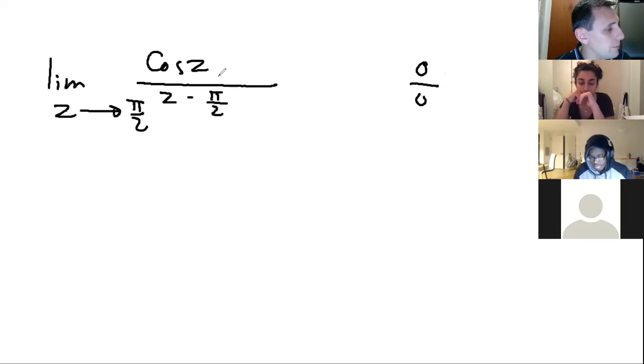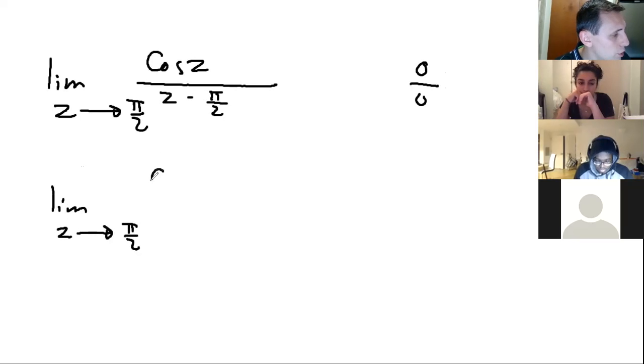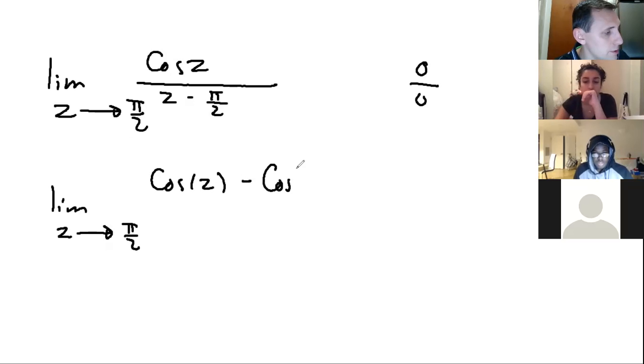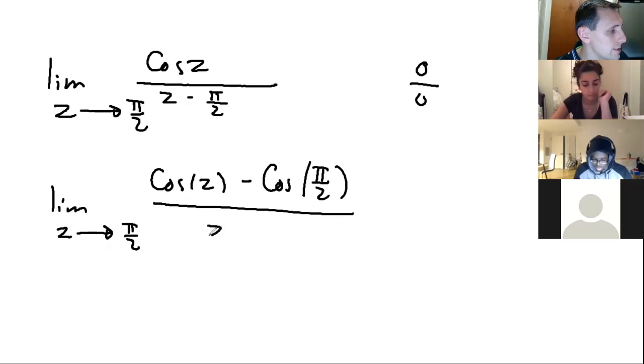What is the derivative about, right? So here is how you can tell. It is limit as z goes to pi over 2. This tells you what function. So it's cosine of z minus, we know that cosine at pi over 2 is 0. So it's cosine of pi over 2 divided by z minus pi over 2.